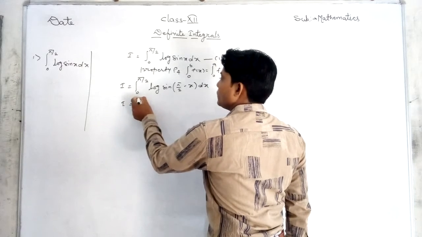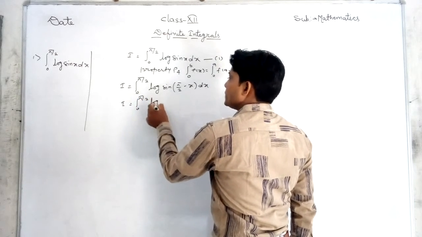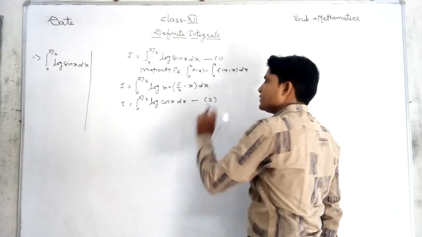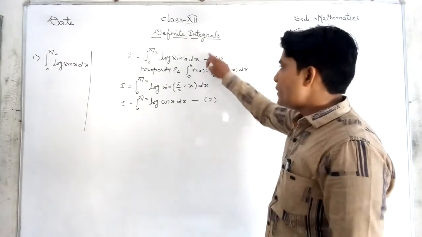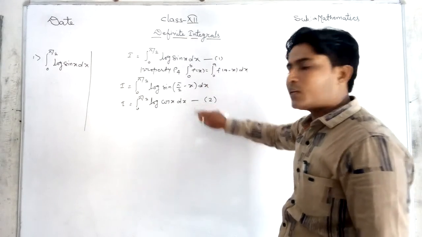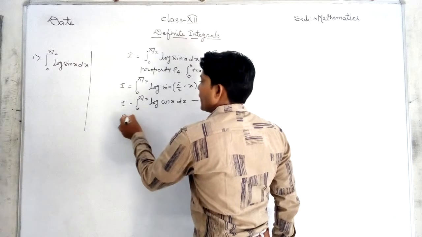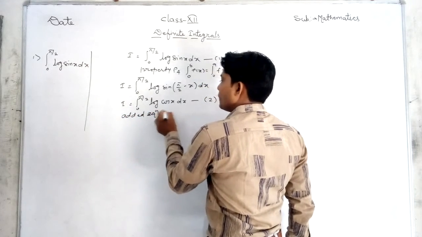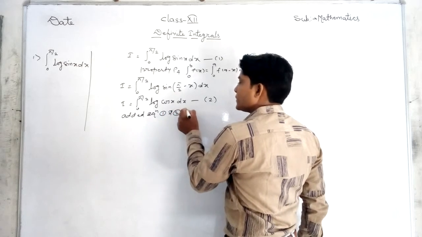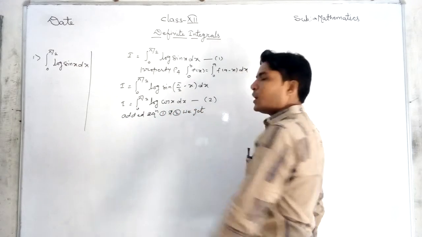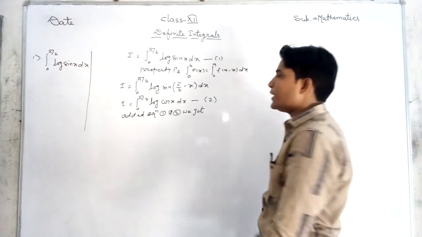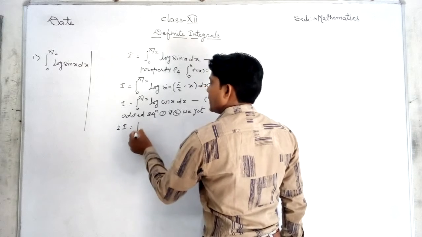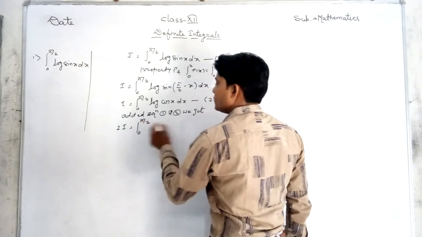This is equation number second. Now adding equations first and second, we get I plus I equals 2I, equal to the integral from 0 to pi by 2 of log sin x plus log cos x.